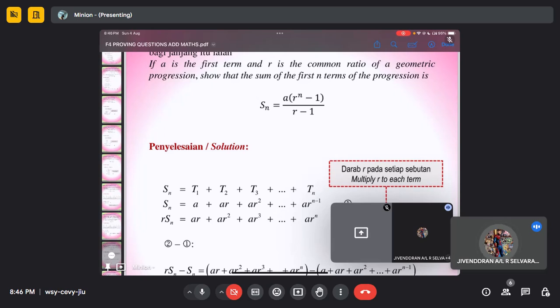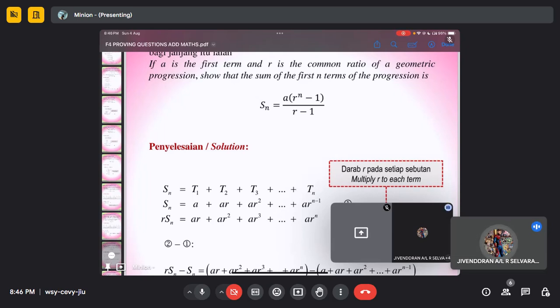We write ar because for geometric we multiply the common ratio to the term before it, so it's ar, and then ar power 2 and so on. Okay, so that's the first equation we have to label.